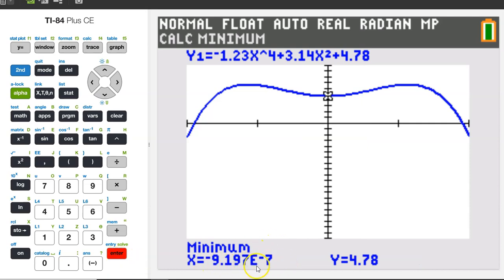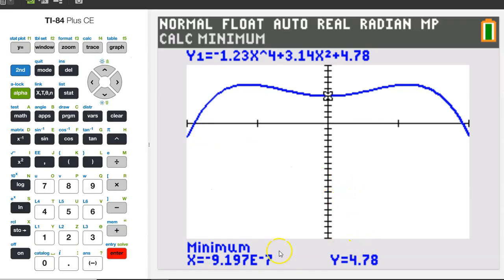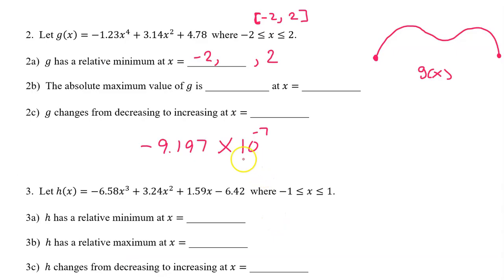Okay, so you're going to run into this sometimes. This E with a -7, so let's see, it says -9.197. Here's what's happening. That E with a -7 means times 10 to the -7th power.